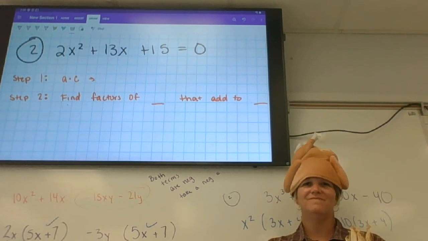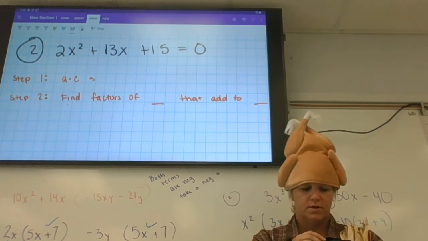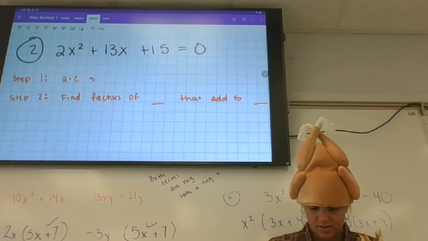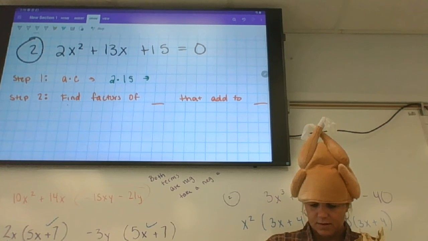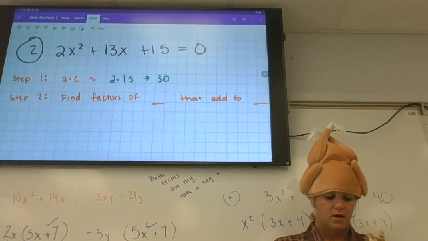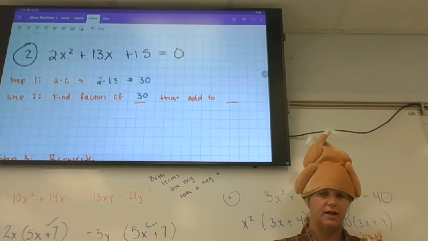All right, go ahead, A times C. What is it? Grace, what's 8 times C? 2 times 15 is 30. So step 2, I want to find factors of 30 that add to 13.